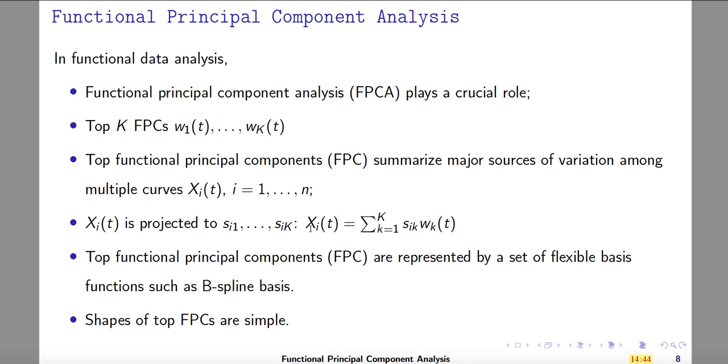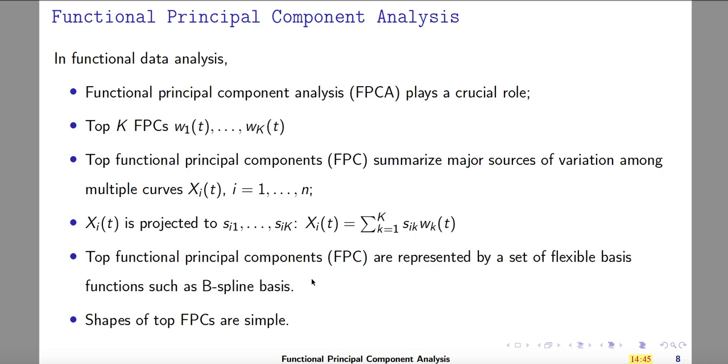So we project the data from infinite dimension to 4-dimensional, and we have a big dimension reduction here. For most of these top FPCs, the shape is generally pretty simple, and we will talk about how to interpret the FPCs in the following lectures.